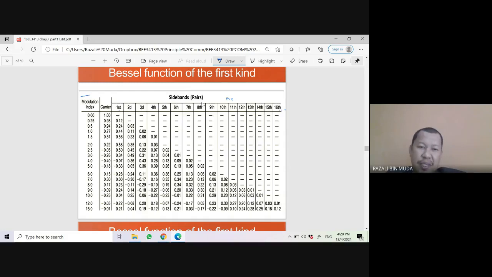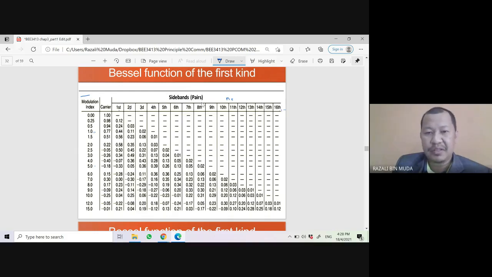For example, if n equal to 1, it will only have 3 significant sideband. 1, 2, and 3. 4 until 4 and onward, there is no significant, meaning the value is 0. Okay, if you have modulation index like 5, you have many sidebands.